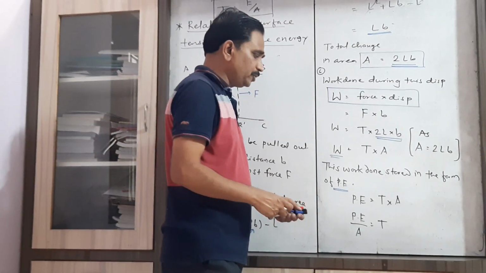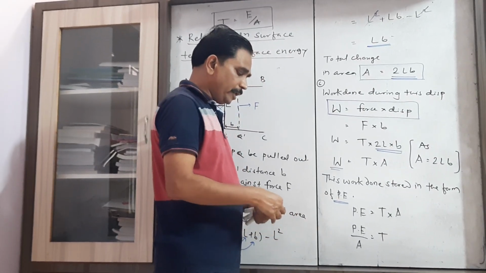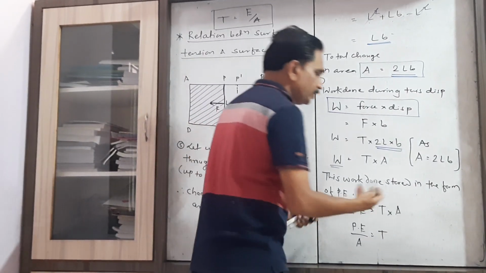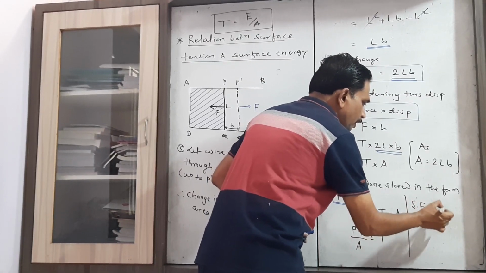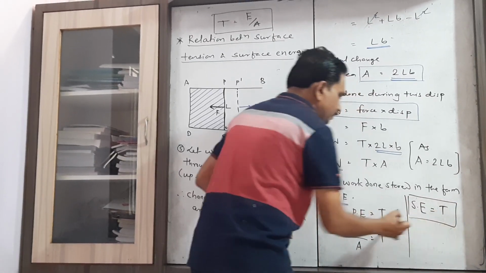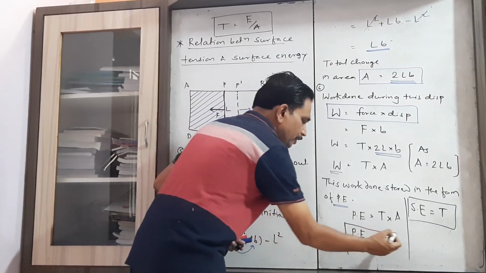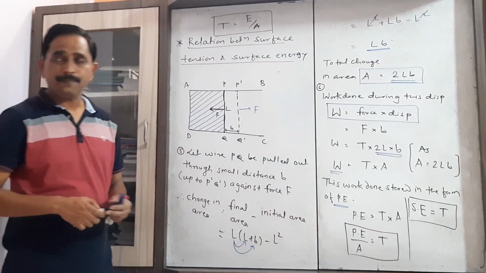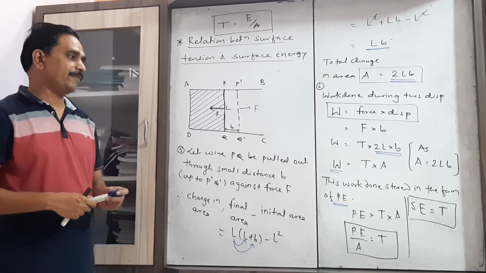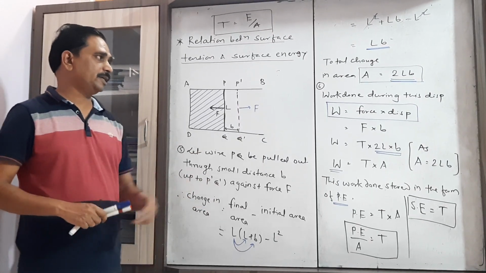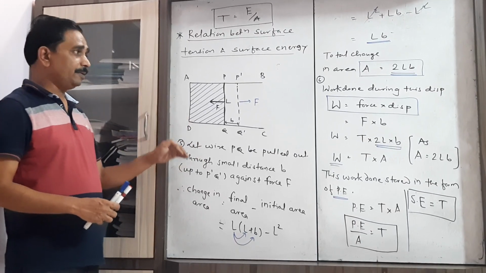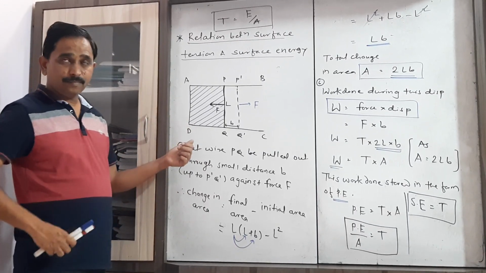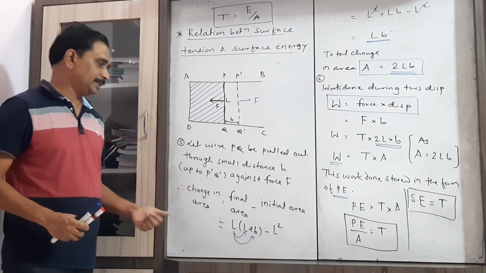This potential energy per unit area is the surface energy. So I write here surface energy equal to surface tension. So this is the simple relation which is asked many times in our board exam.